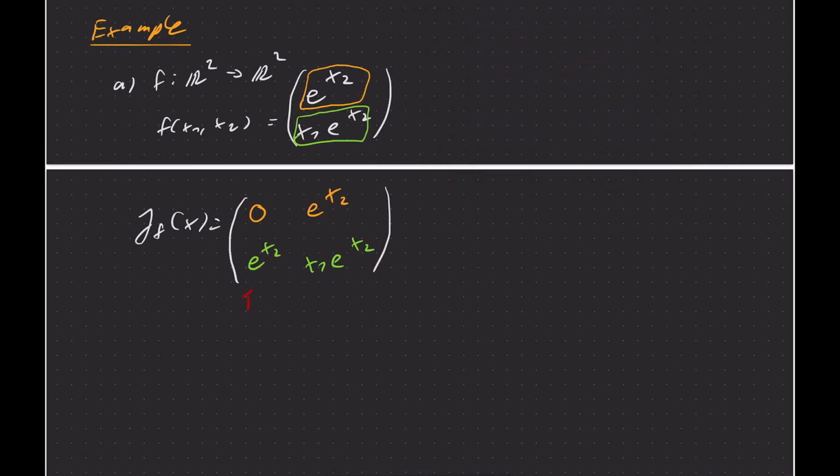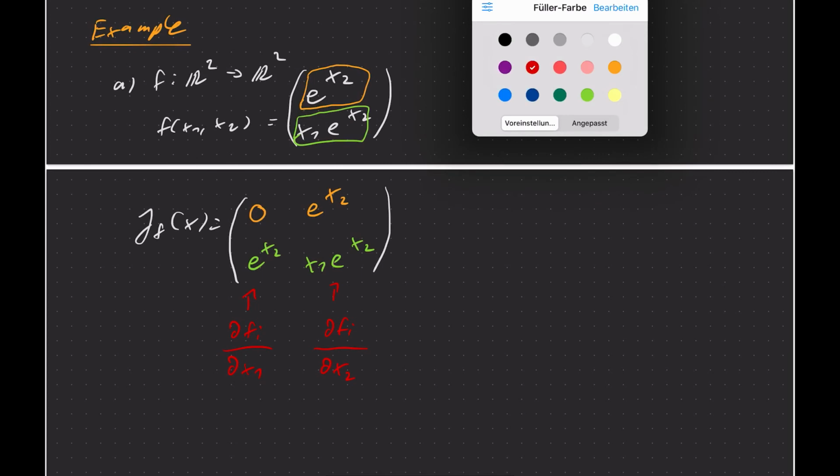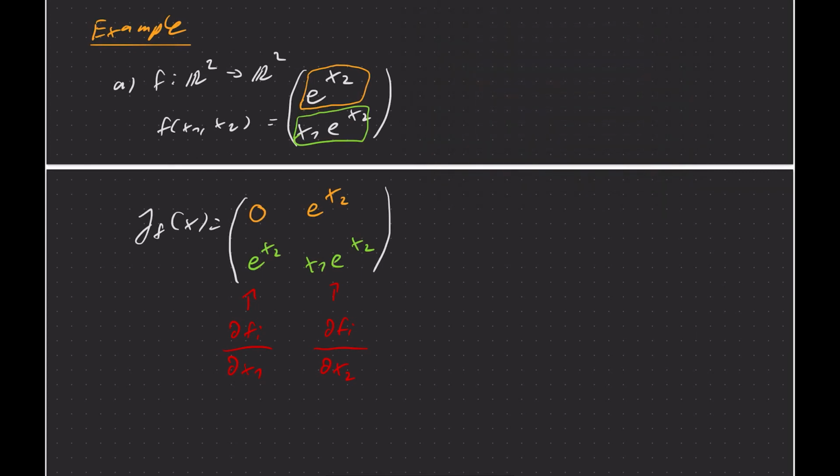And remember, this first column is made up of the dfi dx1. That second column is made up of the dfi dx2. So in the columns, the coordinate that we differentiate to is a constant, whereas in the rows, we always differentiate the same function.